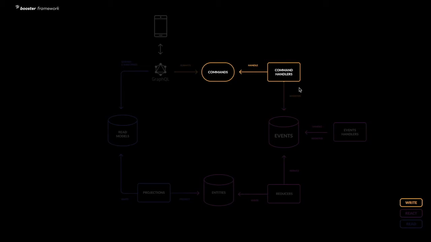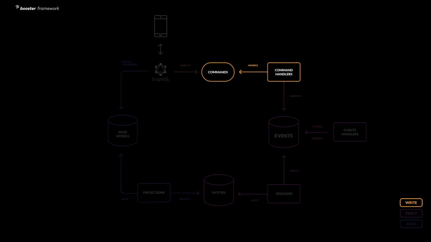Remember, a command handler is just a method inside of the command class. We'll see them right in a minute. And after that command handler gets executed, well, more like the last part of this command handler will register an event.